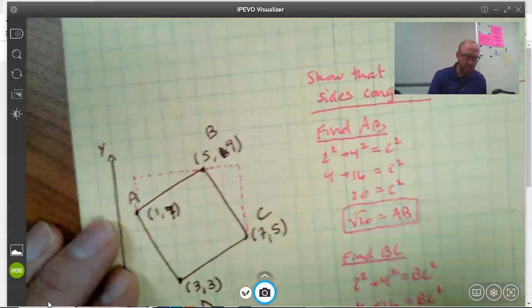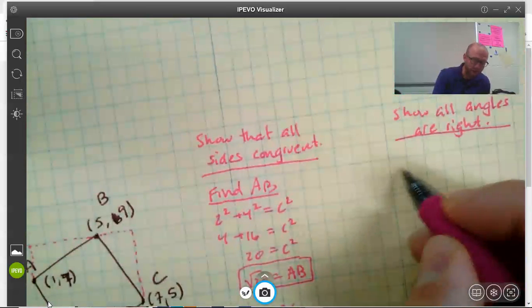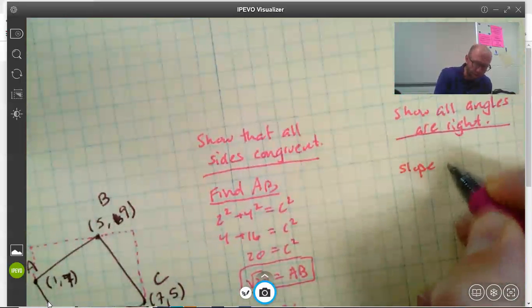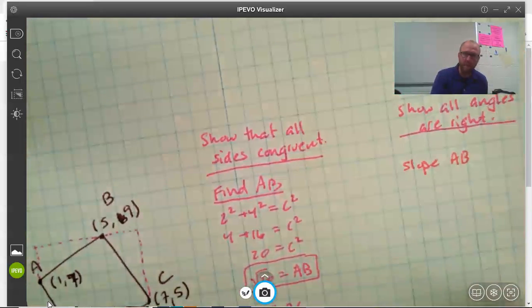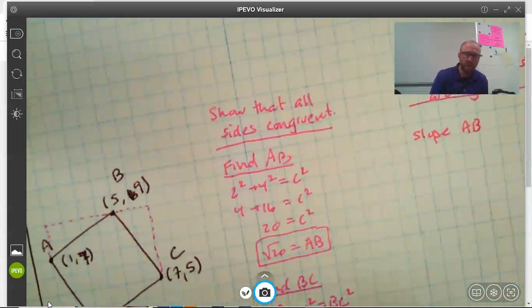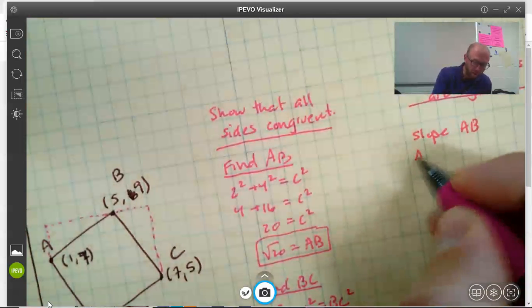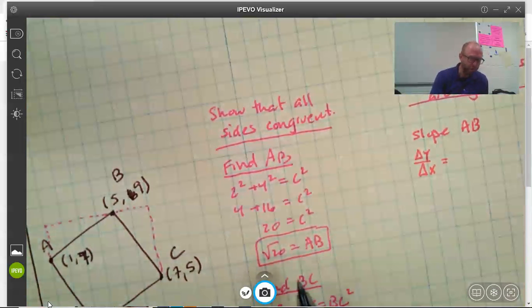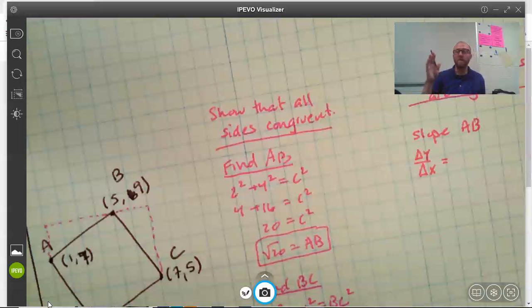And so let's see here. So I'd find slope AB, and I'm not going to drag the slope calculation out. We're doing our change in y over change in x. Our change in y is going to be, remember, end minus start equals change.